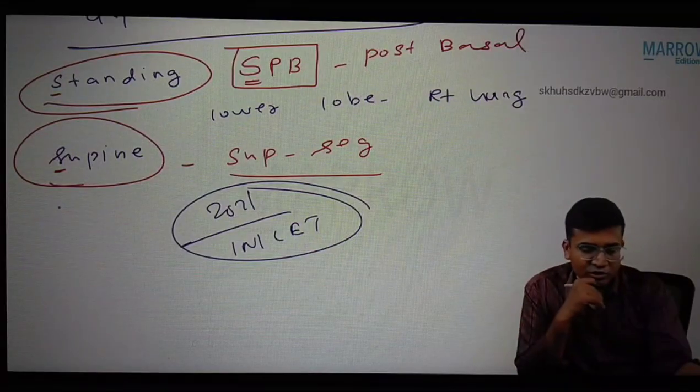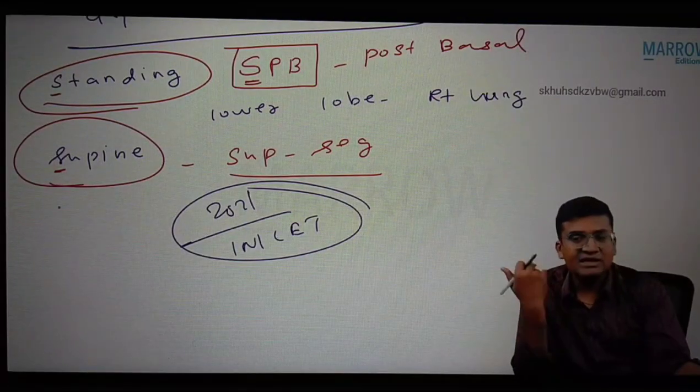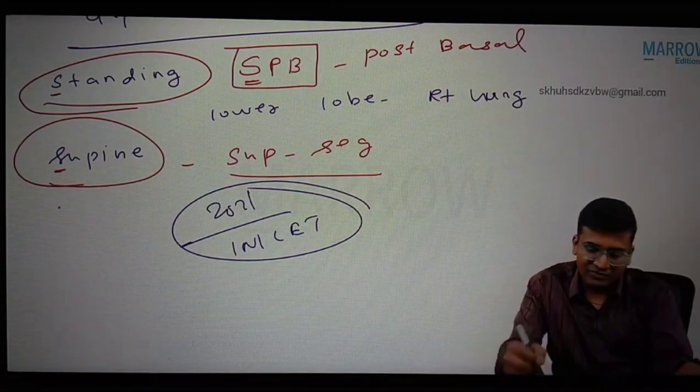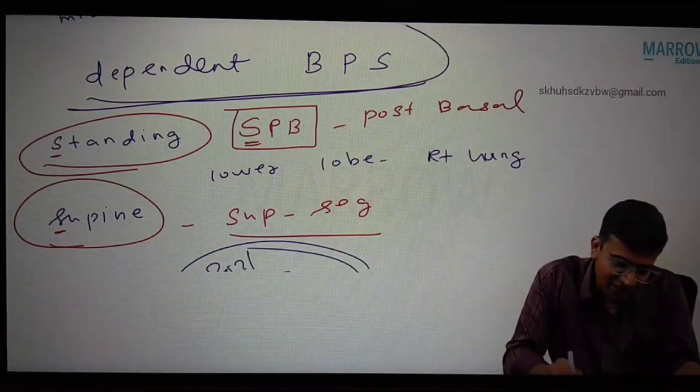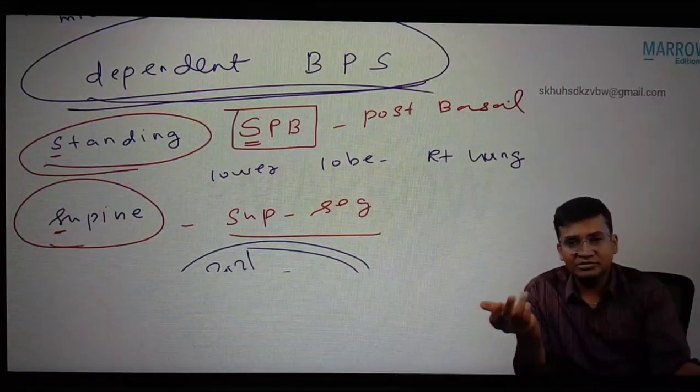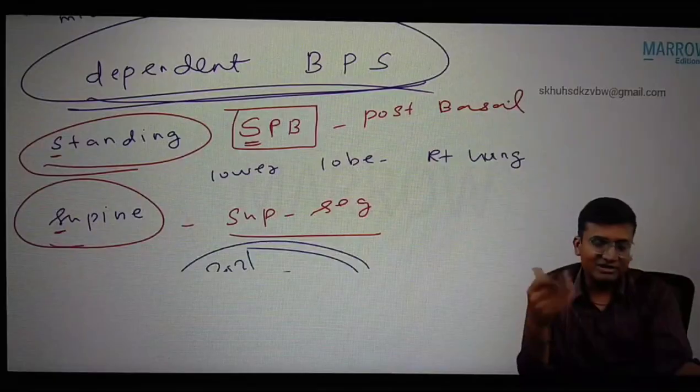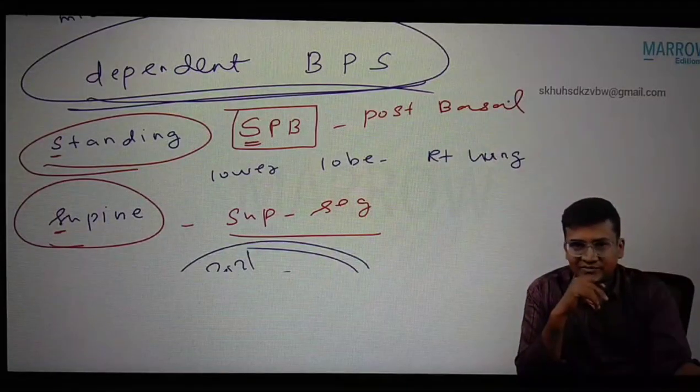That's all about the bronchopulmonary segment. In the recent exams, they are asking mainly this one only, the dependent bronchopulmonary segment in standing position and supine position. Repeatedly we are getting this question. That's all about the bronchopulmonary segment, and that's all about the pleura and lungs.